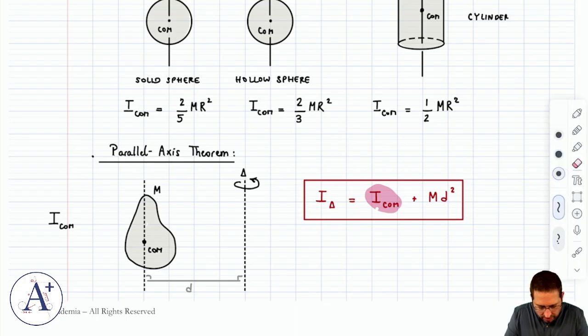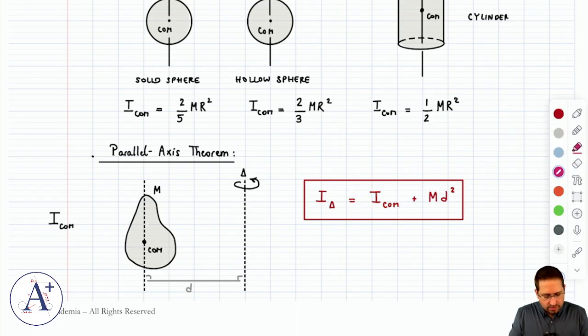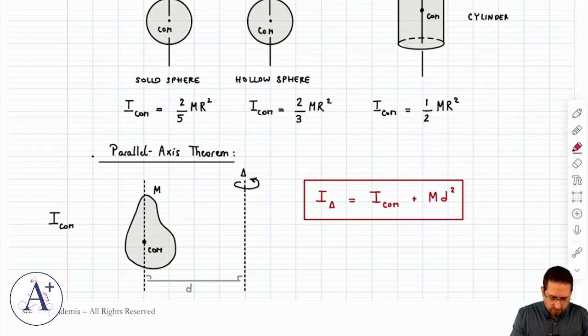But then we move from this axis to this axis, which effectively means that we took the entire mass of Mr. Potato Head and moved it out a distance d to the axis of rotation. And we know that the further out mass is, the harder it is to rotate about an axis. How hard? Well, md squared, just like a point mass.